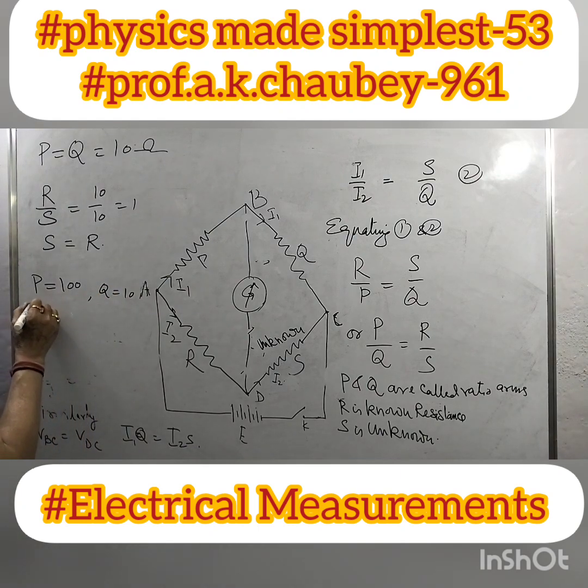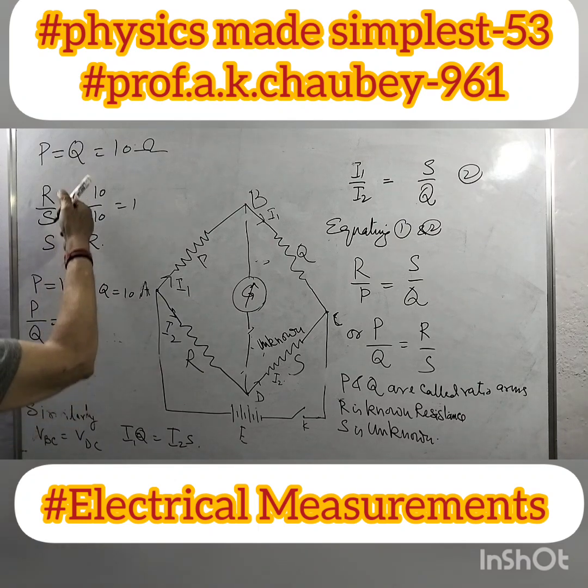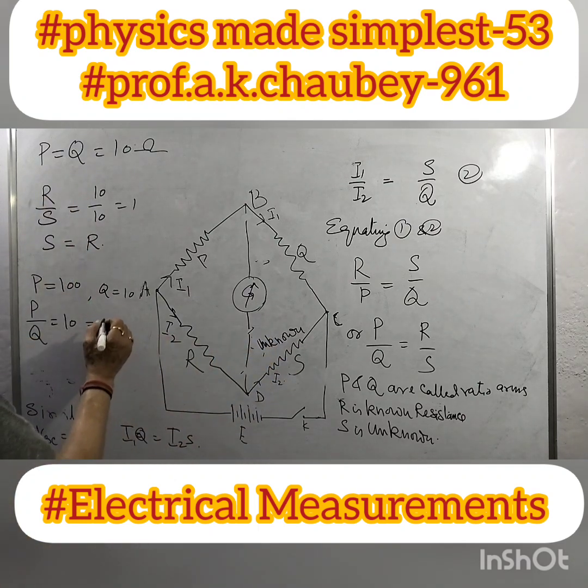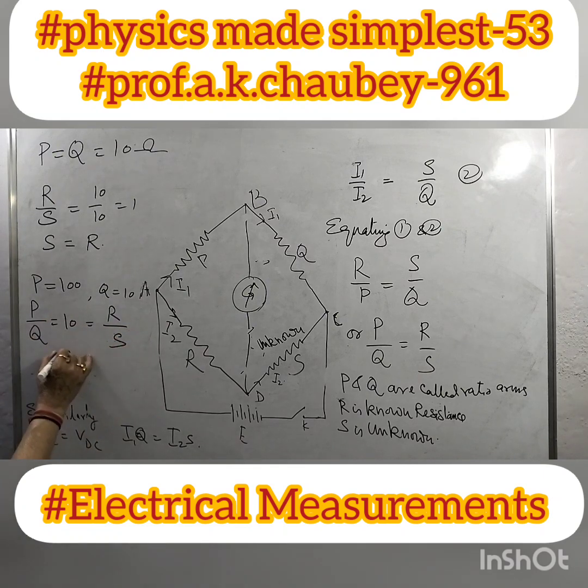So P upon Q is equal to 10, which equals R over S. So S is now R by 10, which means we have to take out resistance R such that S is R by 10.